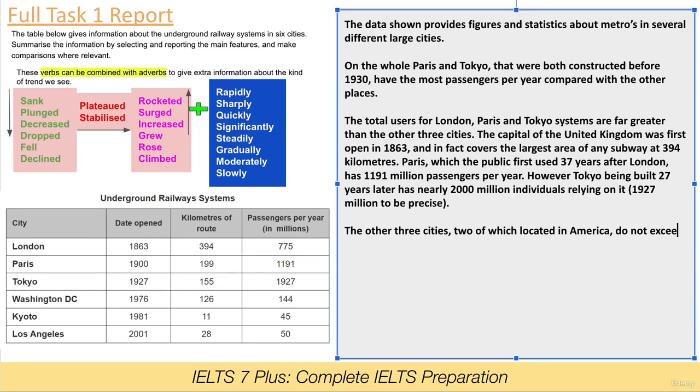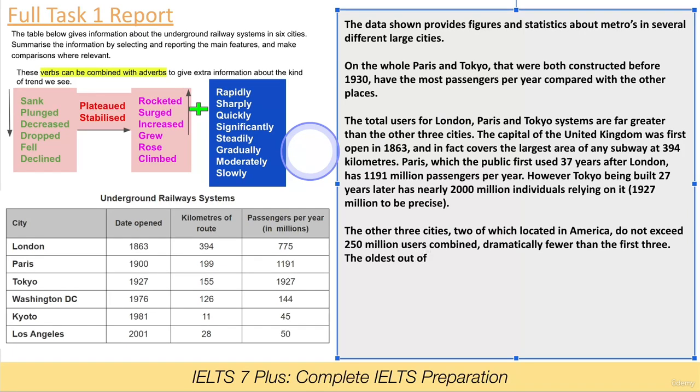Do not exceed 250 million users combined. Dramatically fewer than the other group, than the first three. So we're comparing between groups, and now we're going to go into detail.